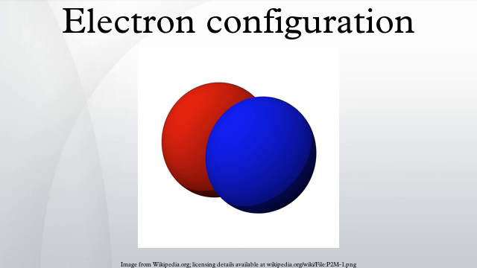This gives the following order for filling the orbitals: 1s, 2s, 2p, 3s, 3p, 4s, 3d, 4p, 5s, 4d, 5p, 6s, 4f, 5d, 6p, 7s, 5f, 6d, 7p. In this list the orbitals in parentheses are not occupied in the ground state of the heaviest atom now known.